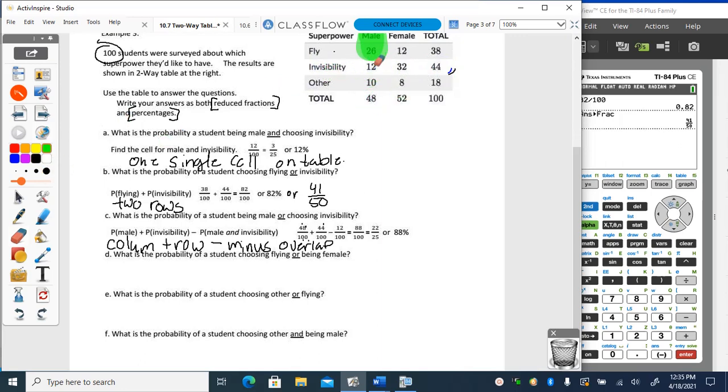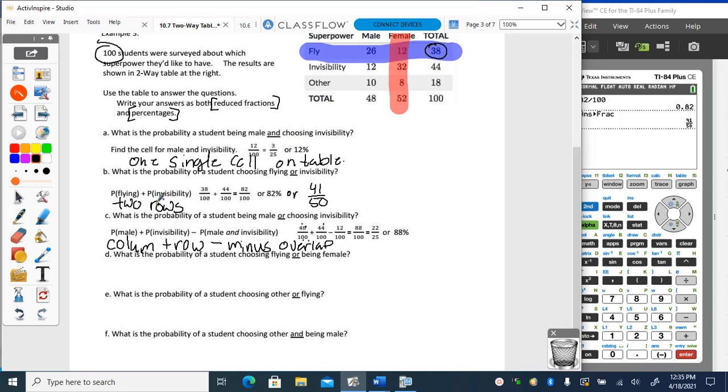Now let's see. We have, what is the probability of a student choosing flying or being female? Well, let's highlight the entire flying row first. So we have flying. And now we want or being female. So let's highlight the female row. So these overlap. So that would mean we have, what's the probability of flying?